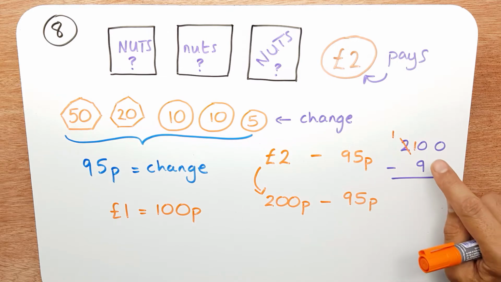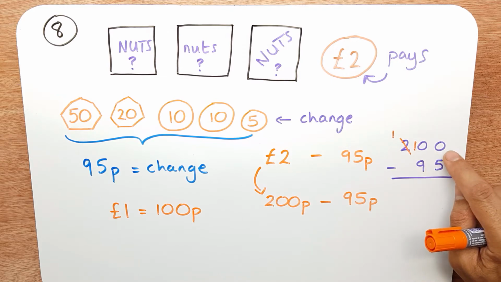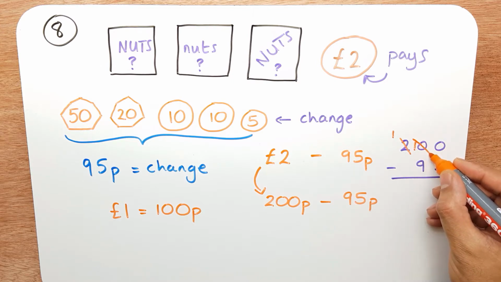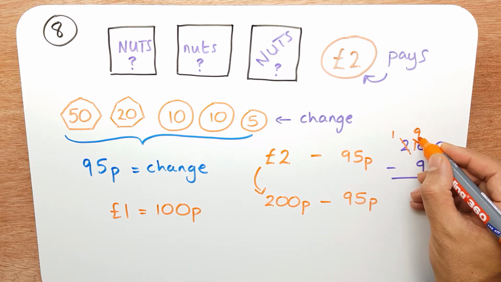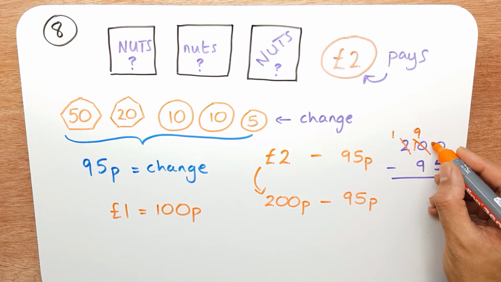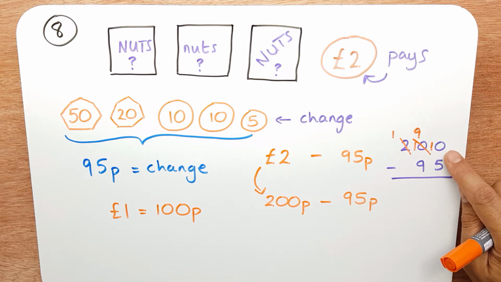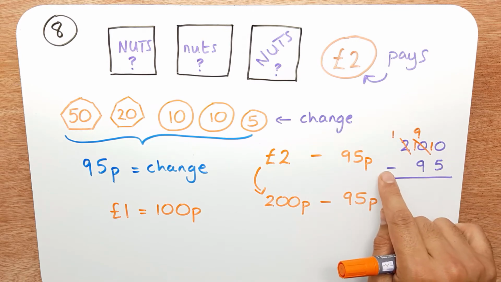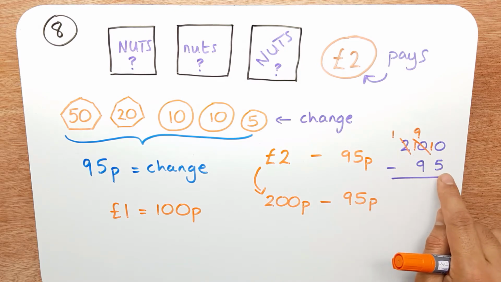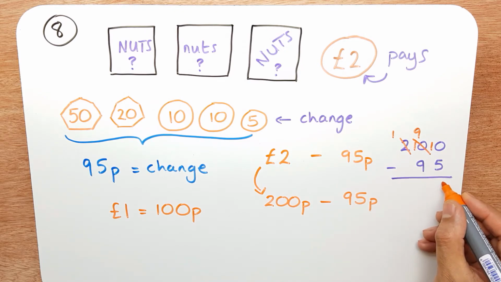So now this 0 can borrow 1 from there. So that 10, we cross that out, that becomes a 9. And the 1 we've borrowed turns this 0 into a 10. Now we have 10 take away 5. 10 minus 5. And that is 5.